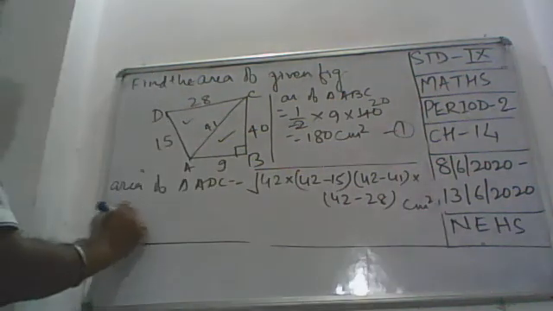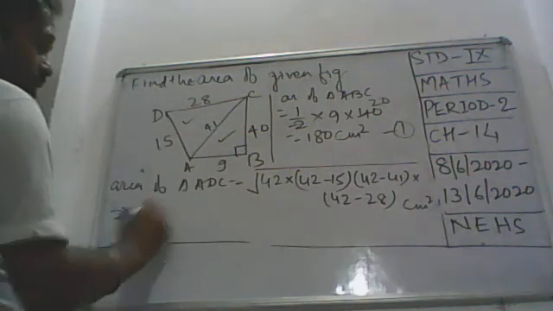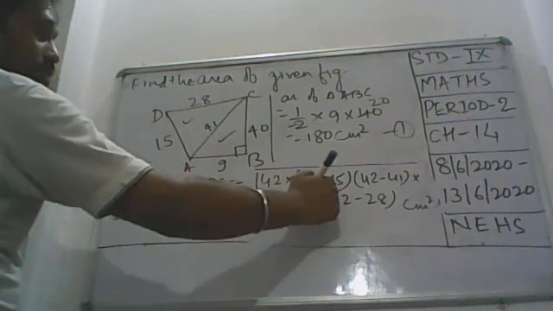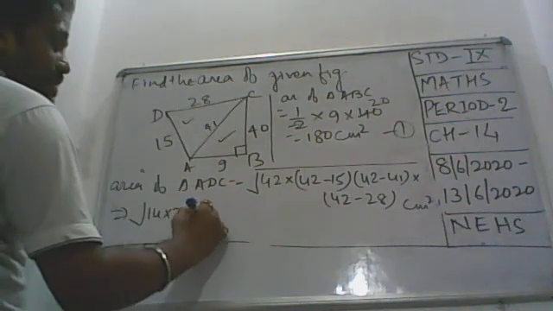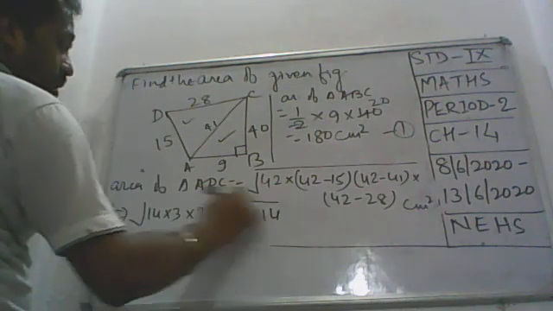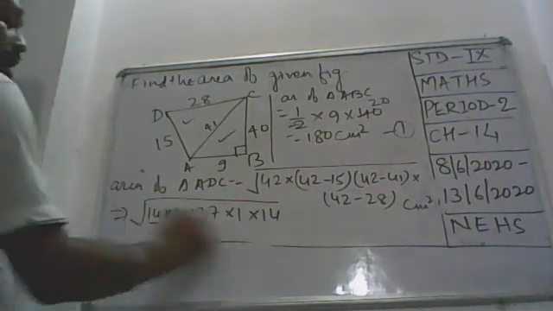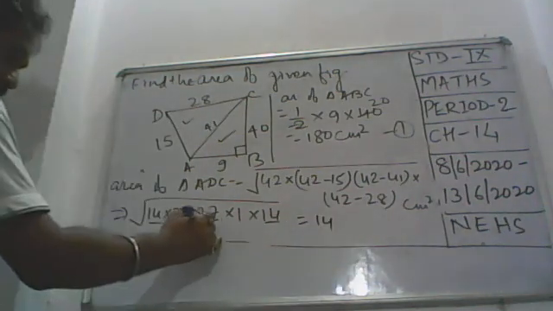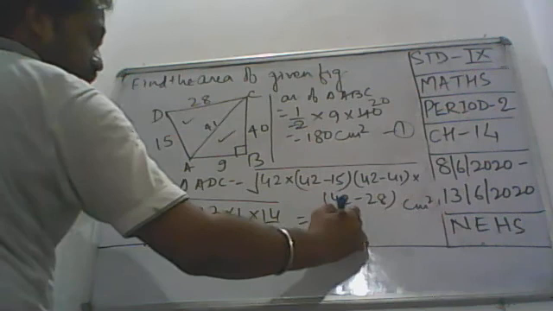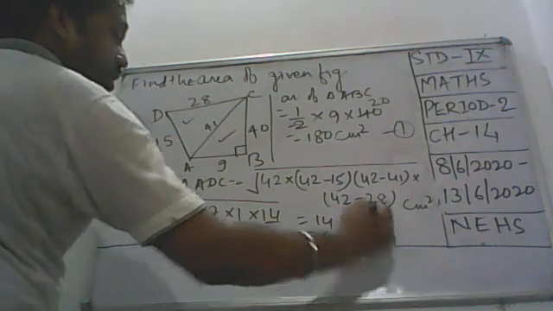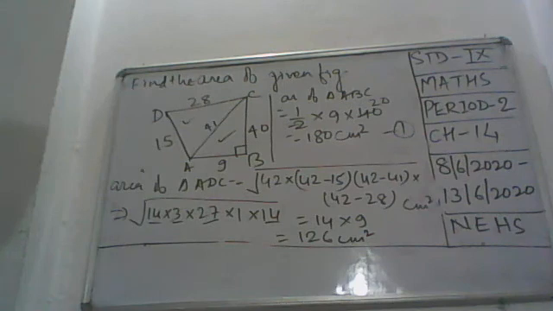So that ultimately area is under root 42 means 14 into 3, 42 minus 15 means 27, and then this is 1 only and this is 14 here. So 14 into 14, that means 14 will come outside. Then 27 into 3, 81, that means 9 will come outside. So that area is 126 centimeter square. But this is the area of this triangle.